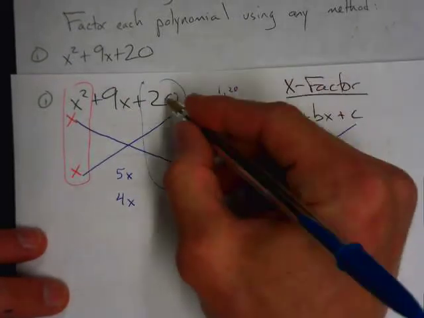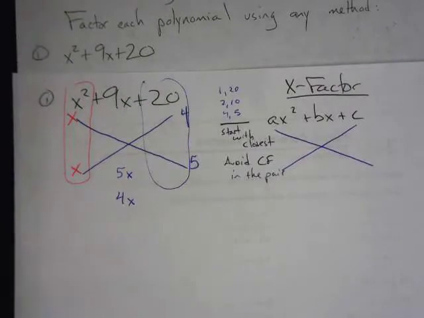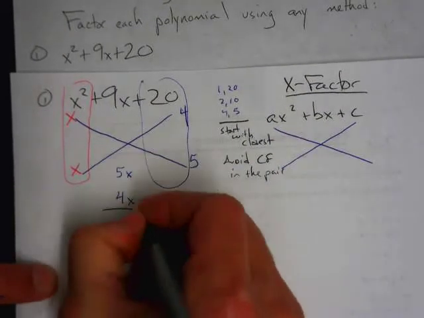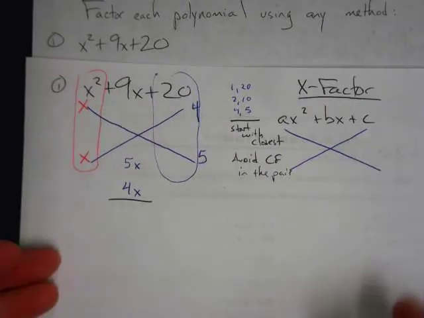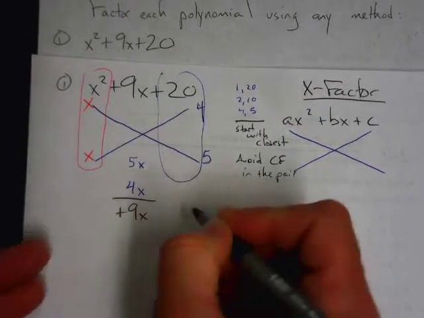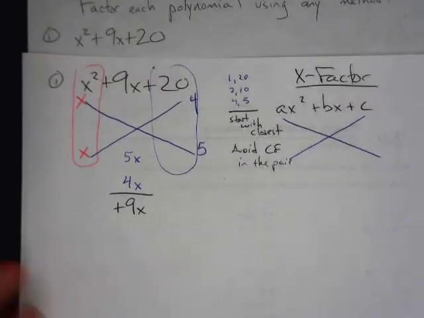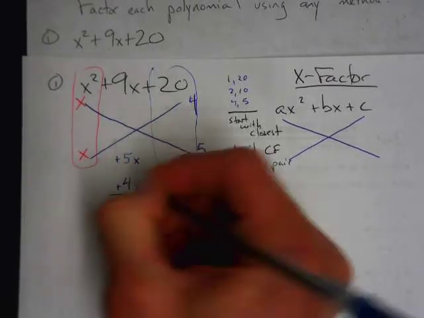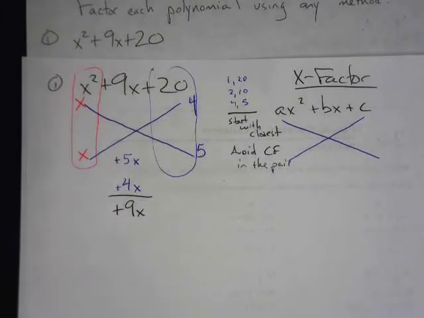The question then becomes: can we use 4x and 5x to add to give us a plus 9x? Clearly, that totally works. 5x and 4x gives us 9x, and both would have to be positive, so it's a plus 5x and a plus 4x, which adds to give us 9x, which is what we want.